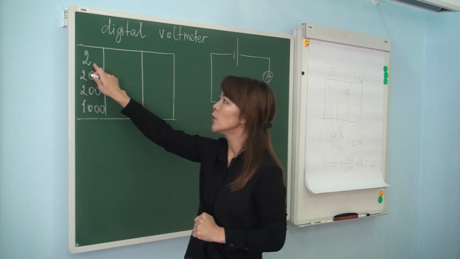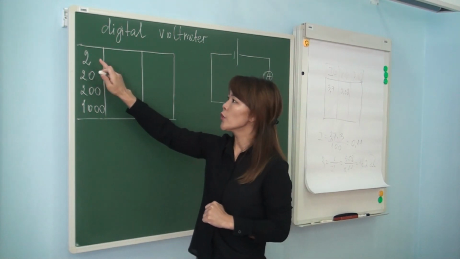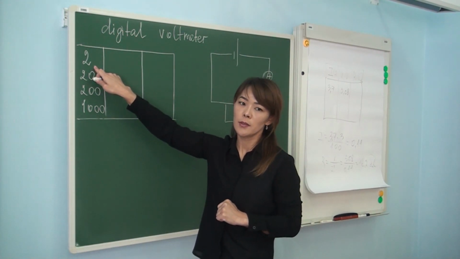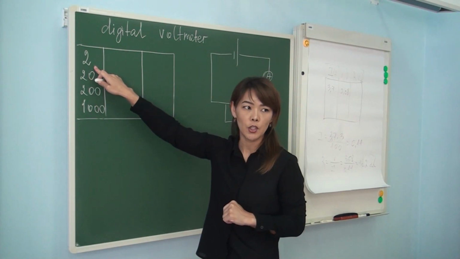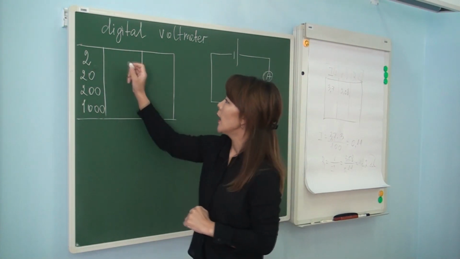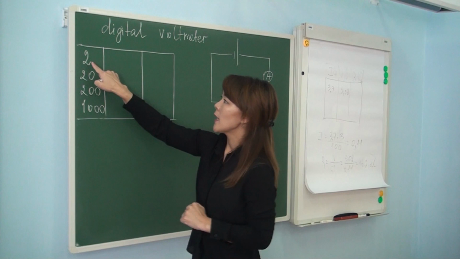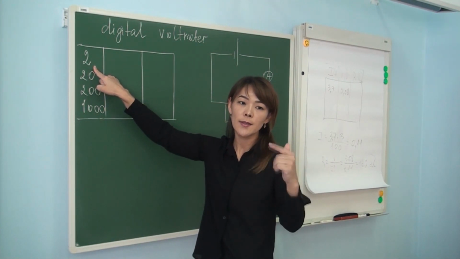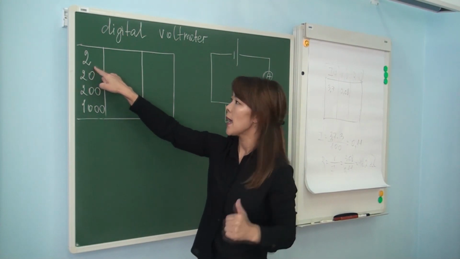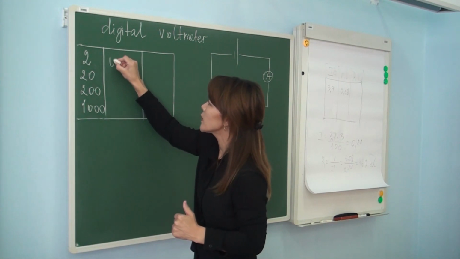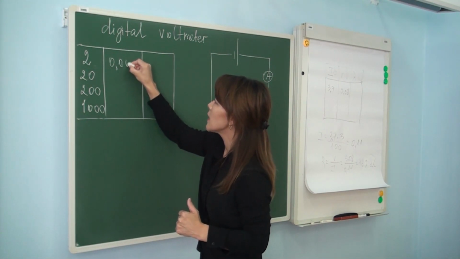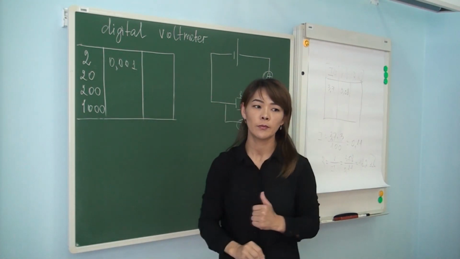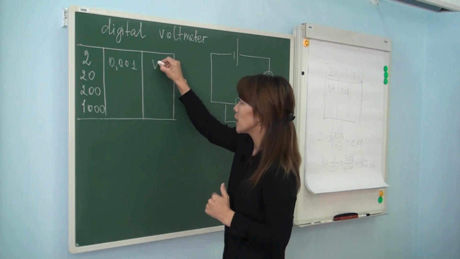First one, 2, is used for small voltages, and you can take the value from this equipment. This value is given in 3 decimal places. You can take the value.